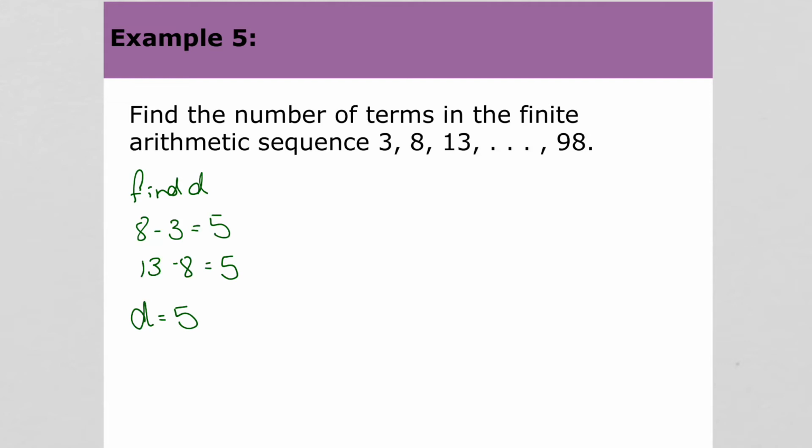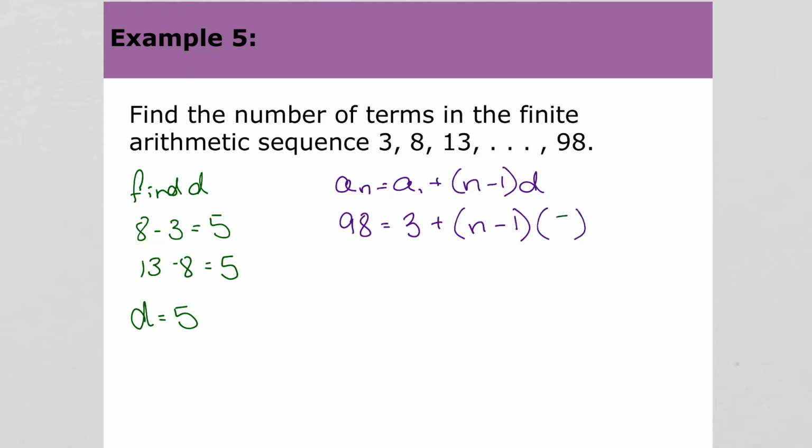So if we look back at our formula, then we've got our final term, which is the a sub n we're looking for, 98. We've got the first term, 3. We don't have n, and we have that d is 5. So now all we're doing is looking for n. Let's go ahead and distribute.